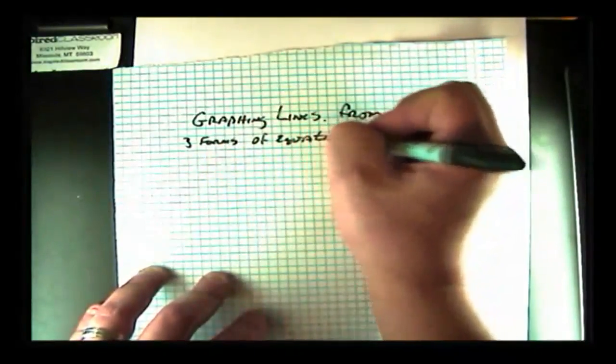So the first thing I'd like to point out is that we have 3 different forms of equations for lines.